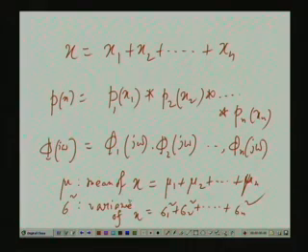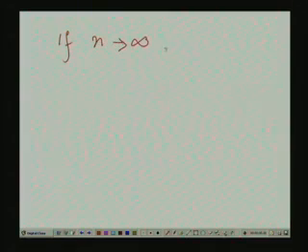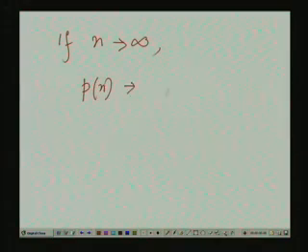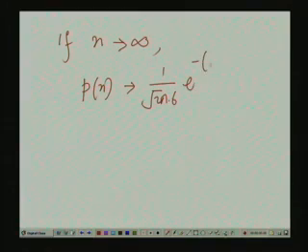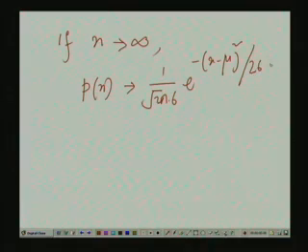Then the central limit theorem states, as we already discussed, I am just putting it mathematically, that p of x, if n tends to infinity, that is n is very large, p x will tend to a Gaussian curve, a Gaussian density of mean mu, variance sigma square.